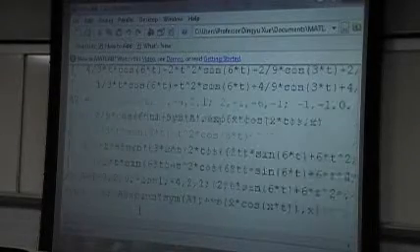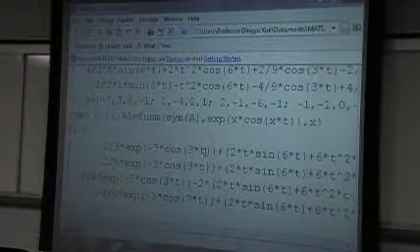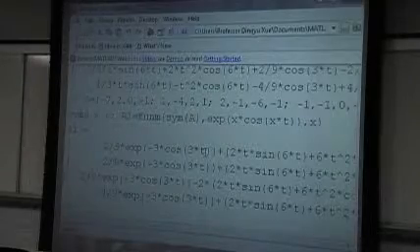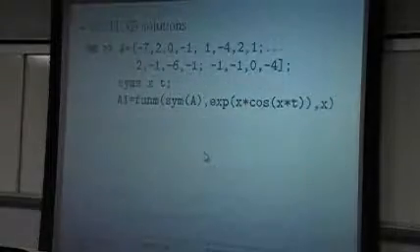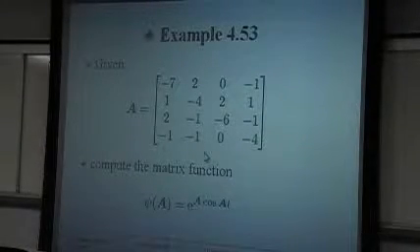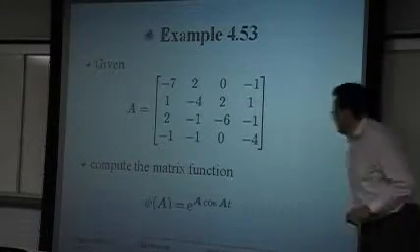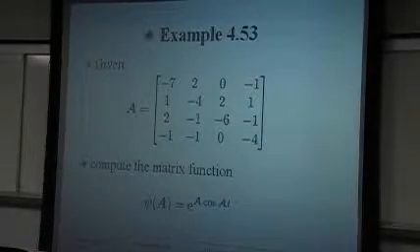With the use of the function, we can easily find quite complicated matrix functions like this, composite functions, with the use of FUNM.